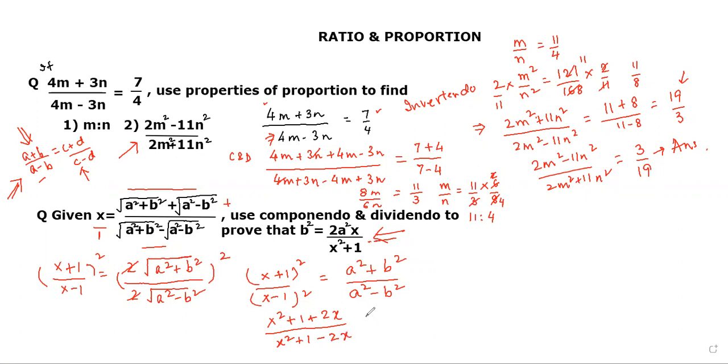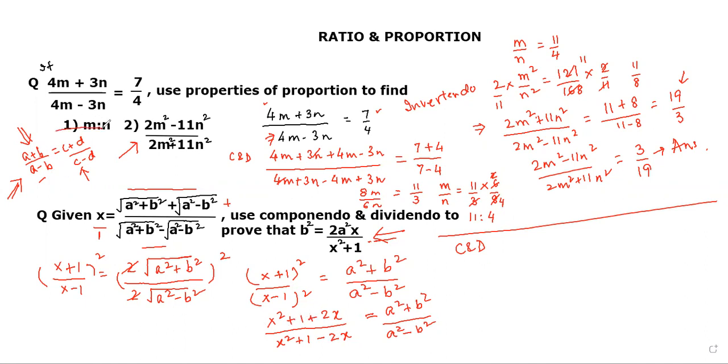And on this side, we have a square plus b square, and in the denominator, a square minus b square. All right, now it is the time to do componendo and dividendo on both sides. And now see carefully what is going to happen.